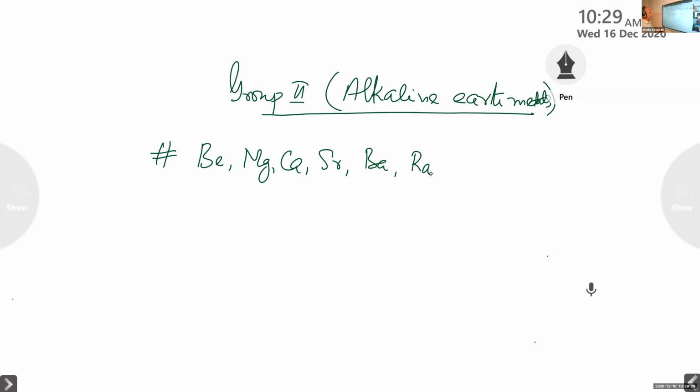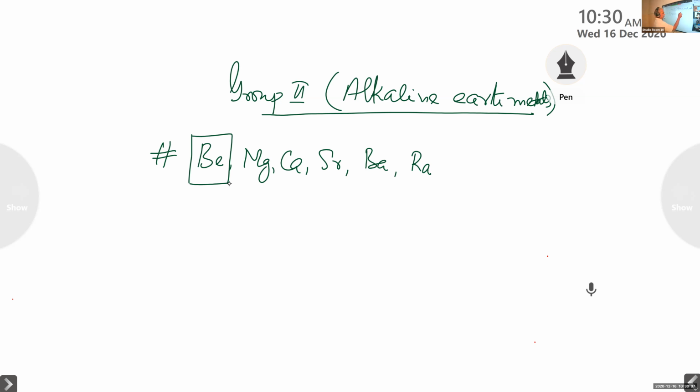Among these, beryllium is not considered as an alkaline earth metal. That's a member of group 2, that's right, while the others are generally known as alkaline earths: magnesium, calcium, strontium, barium, radium.